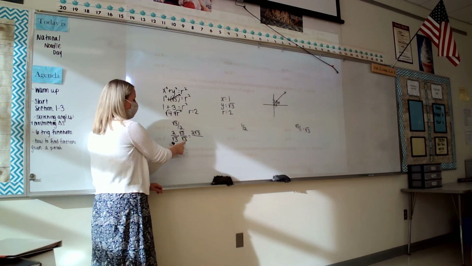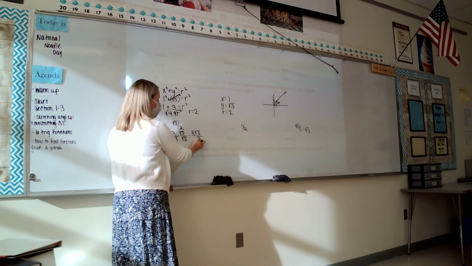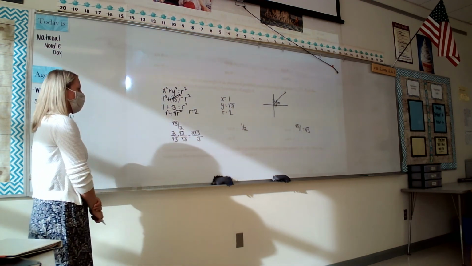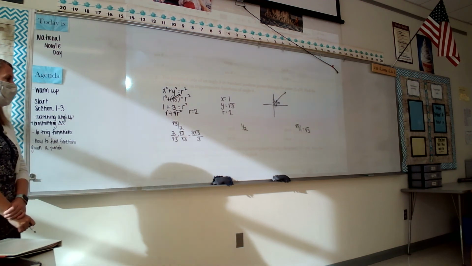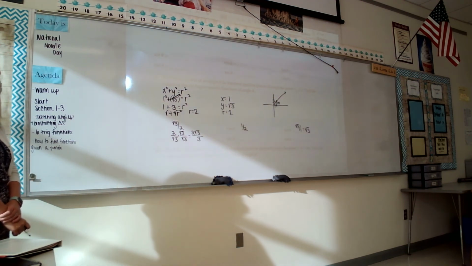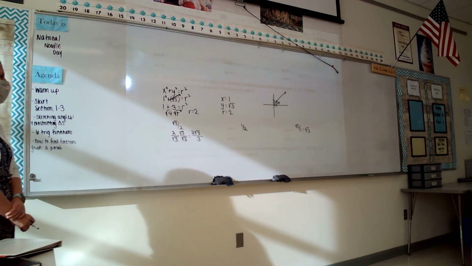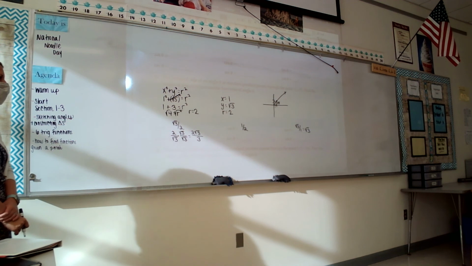The square root of 3 times the square root of 3 is the square root of 9, which is just 3. So the reason I do that is now in my answer, I don't want a radical in the denominator, and it took care of that for me. So we will go over that step a whole lot more. So for now, just write it down.